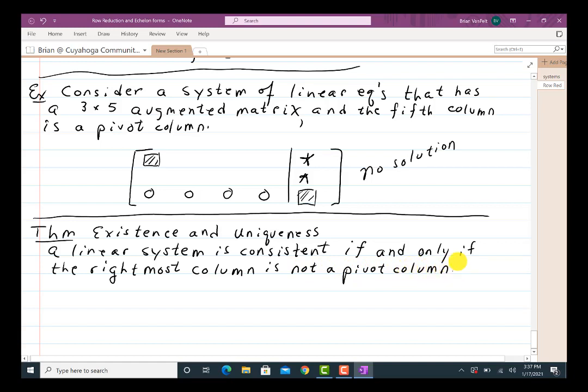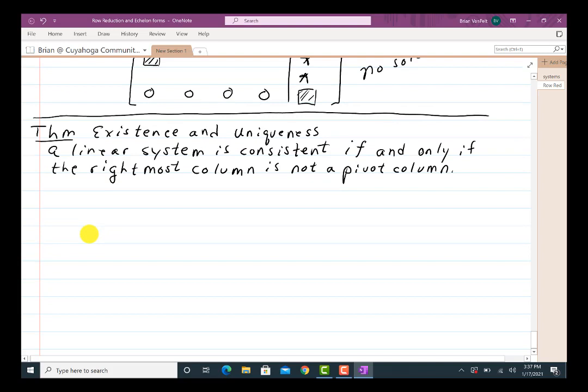So no pivot in the very last column. And if that's true, then we will have a consistent system, which means we have at least one answer. It may be an infinite number of answers, but nonetheless, we have at least one answer.